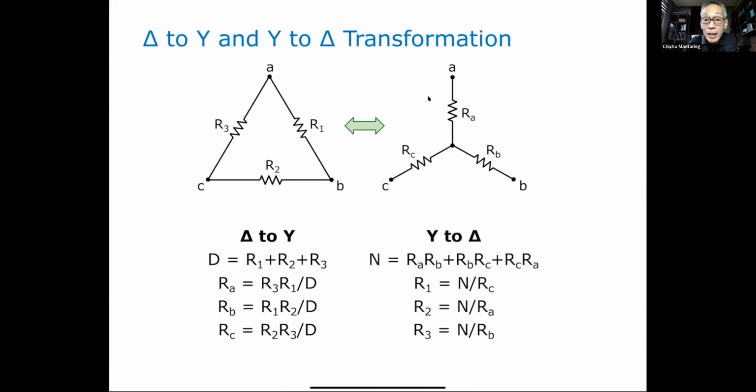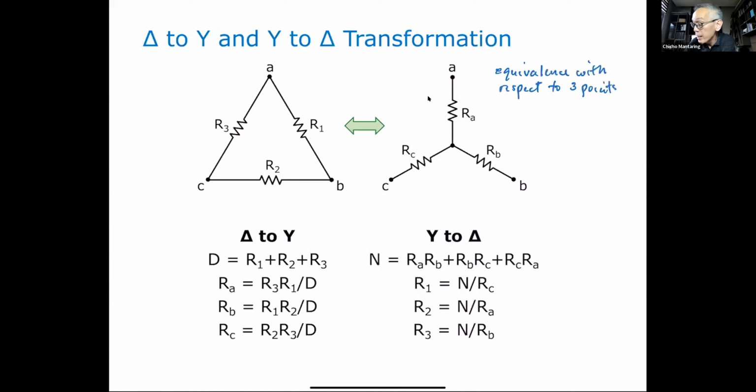Now, when we talk about delta to Y or Y to delta, we're talking about equivalence with respect to 3 points. So earlier, we were talking about equivalence with respect to 2 points. Now, this is equivalence with respect to 3 points.